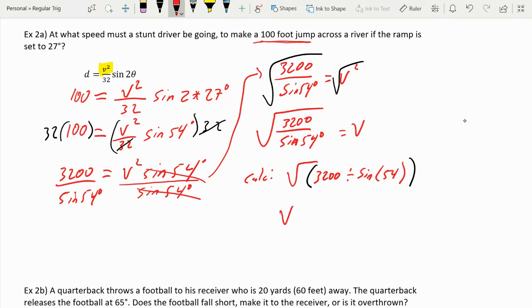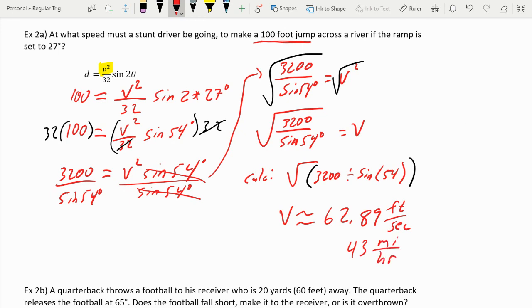So we end up with the velocity is approximately equal to 62.89 feet per second. So about 63 feet per second. What this ends up equaling is about 43 miles per hour.